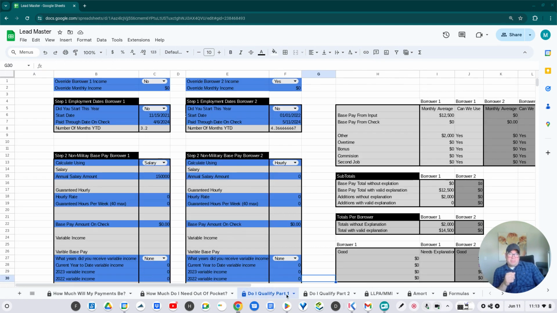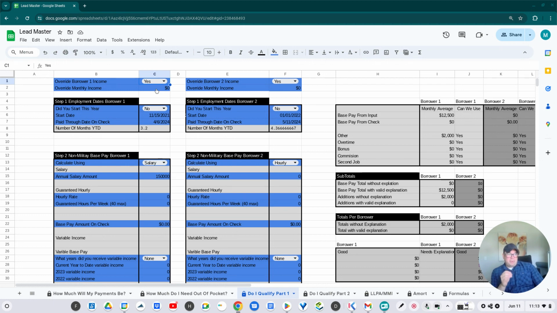Do I qualify part 1? This is calculating income. Now, I've only given access to this section here where it says override borrower 1 income. You pick yes if you want to change the amount on this form.